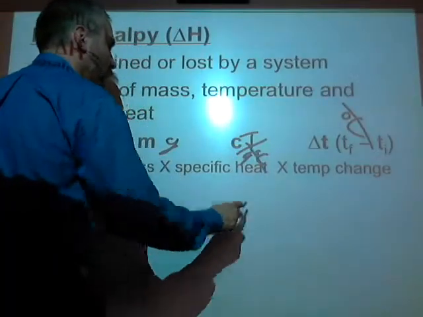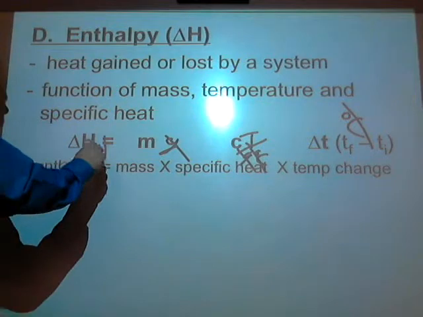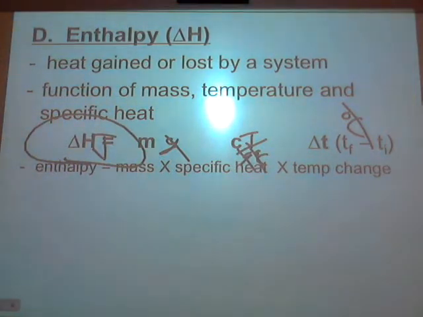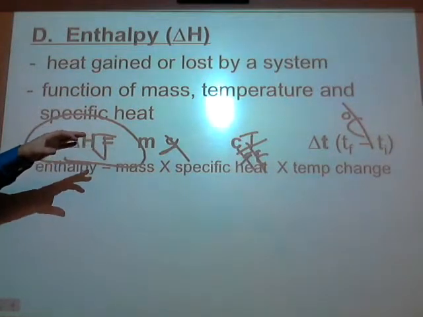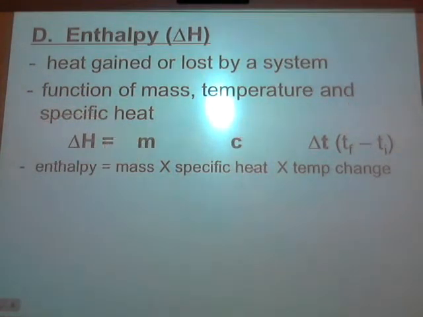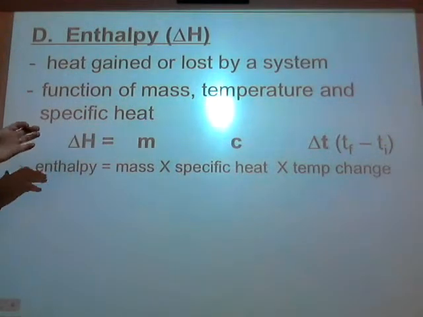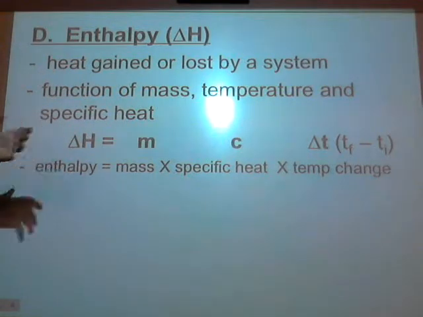Celsius cancels, grams cancel, and what does it leave you with? Joules, which is exactly what you want your energy to be in. If you had those arranged any other way, you would not get the correct units. If you had mass divided by C, or C divided by M, it wouldn't make sense.